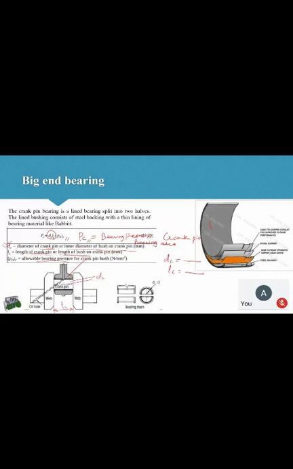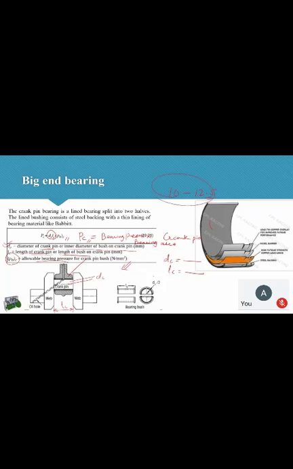That is why if in case this value of the PBC is not given, it will be little smaller than what you have assumed for the piston pin. For piston pin, you have assumed somewhere between 10 to 12.5 megapascal as a bearing pressure.